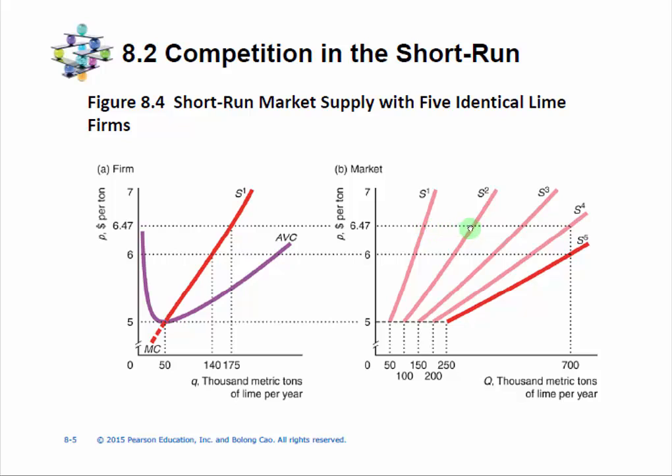For each firm, we add the quantity supplied up, and eventually we have 5 firms in the market. Showing in the picture here, we have this S5 as the market supply. That's the market supply curve when we assume the simplest situation that every firm is the same. Every firm has the same short-run cost structure.